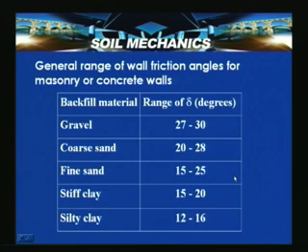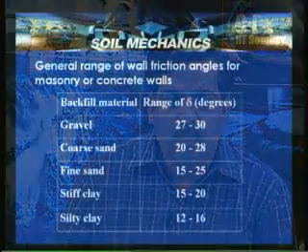General range of wall friction angles, because we have a range of fill materials which can be used. The content regarding the type of fill material and how it can be selected is beyond the scope of these lectures, but we need a freely draining backfill so that the pore water pressure is under control all the time.